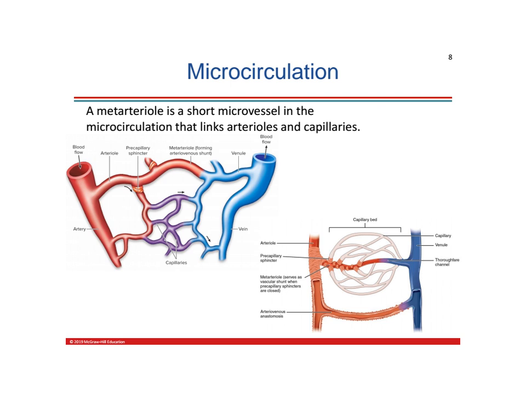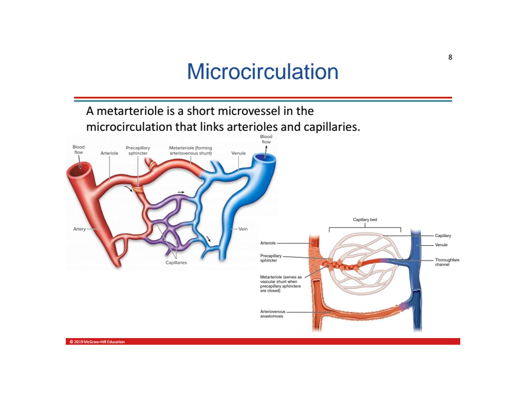Now, it's possible for these to constrict, as you can see here in this picture. So if you have the constriction of these precapillary sphincters, then blood will simply flow directly from the arteriole into the venule. And so this is necessary in some organs that can change their metabolic activity rate.